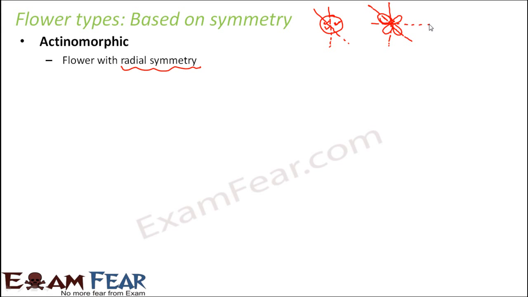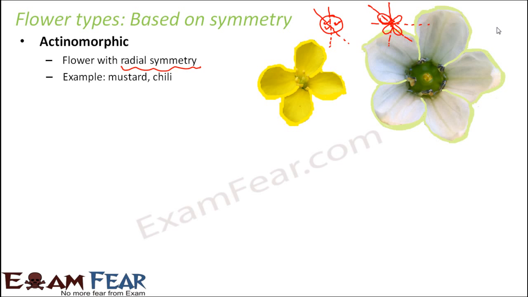If you take this axis, again divided into two equal parts, right? So we can say that this flower is actinomorphic. Correct? Okay. So examples of such flowers would be mustard and chili. Here you can see the picture of a mustard flower as well as the picture of a chili flower. So all these are radially symmetrical.